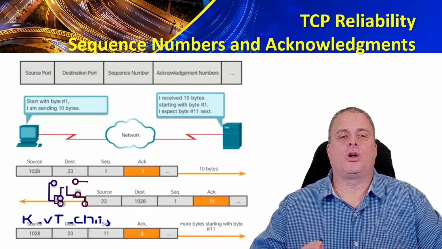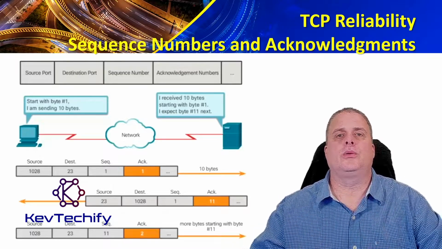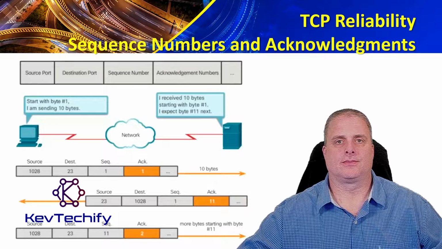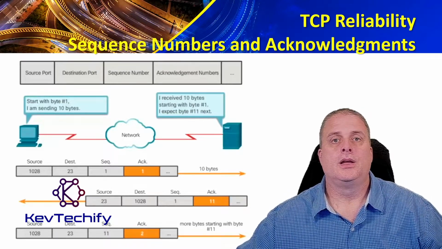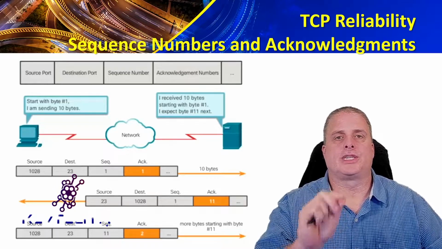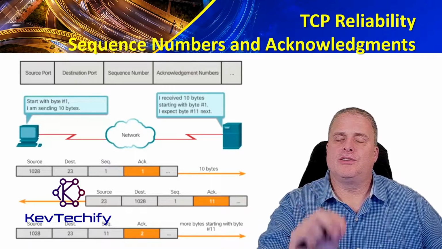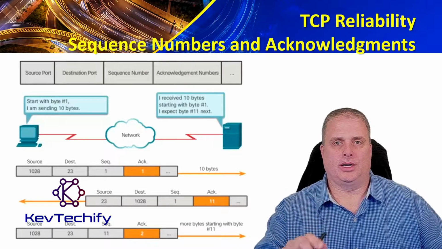This amount is called the window size. The window size is the total number of bytes sent in TCP segments that can be sent before receiving an acknowledgment. Using TCP window scaling, computers are able to achieve large window sizes of up to 1 gigabyte.